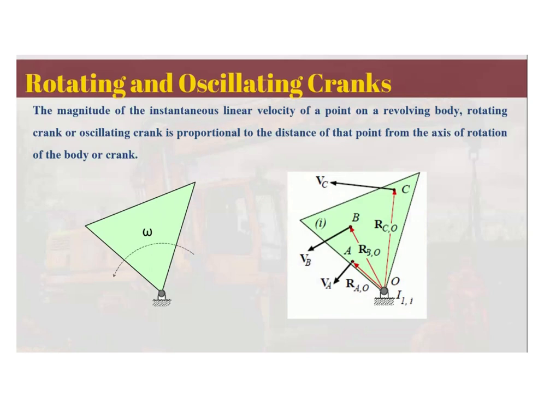As you can see, we have different velocities for different points, but they have the same angular velocity. If they share the same axis of rotation, then the angular velocity is the same. But the velocities of the different points will not be the same because, again, it is proportional to the distance of the point to the axis of rotation.